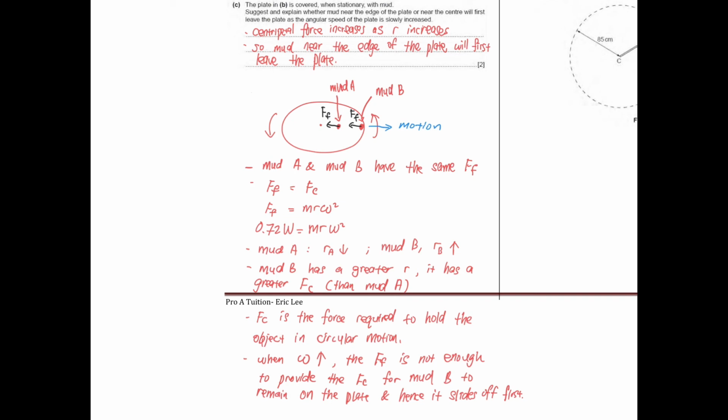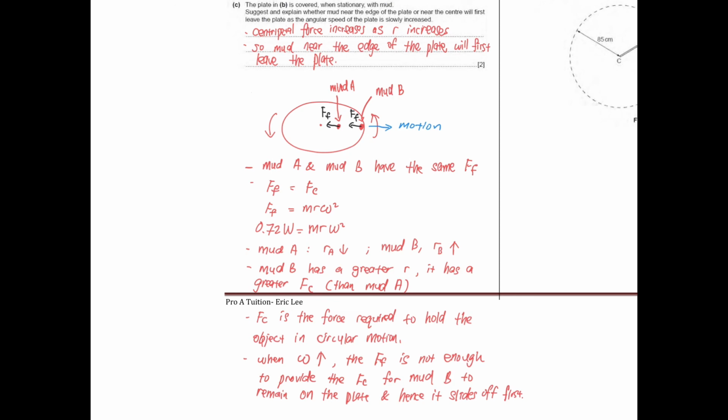A short explanation is enough for the exam. So mud near the edge will leave first because centripetal force at the edge is larger. Many people will be wondering why centripetal force is larger, but there is no explanation here. They expect you to know on your own. Okay, so settle for this one.